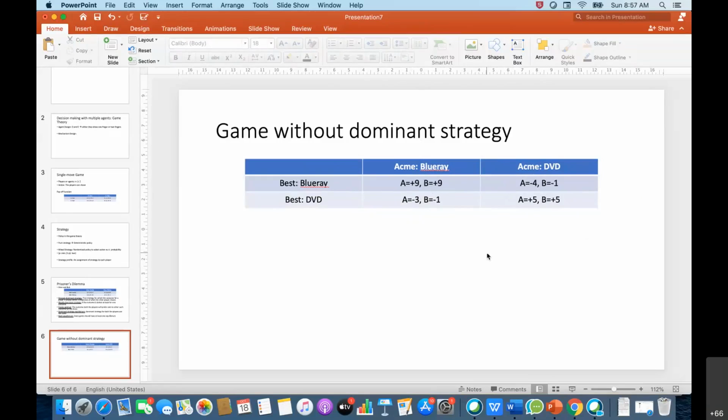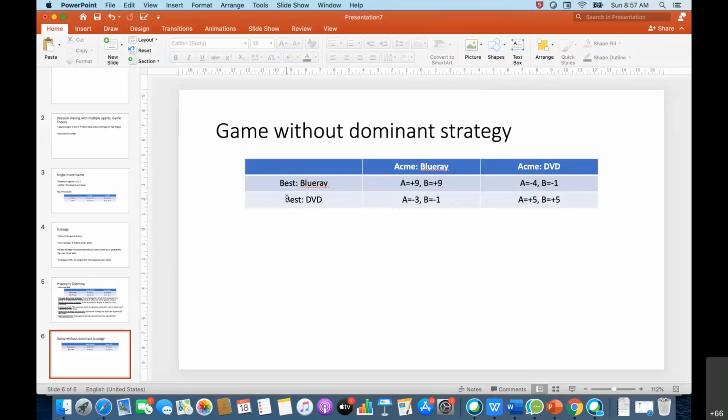So this is an example of a game that does not have any dominant strategy for any player. Whichever strategy they stick to, they are going to either gain or lose depending on the other's decision.